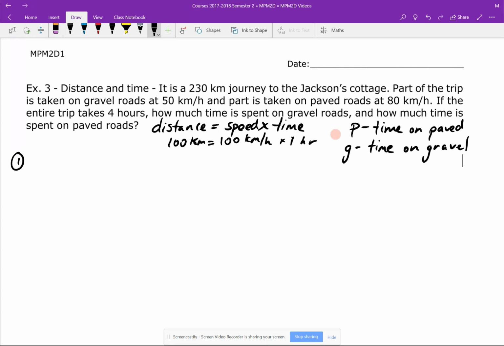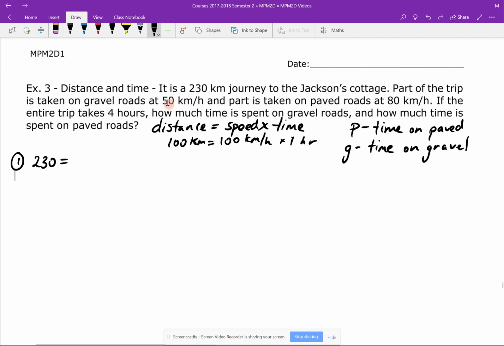So my first equation, let's talk about distance now. We've traveled 230 kilometers to get to Jackson's cottage, and part of it is on paved and part is on gravel. To get each distance, I need to know the speed and the time spent on that road. 50 kilometers per hour is my speed on gravel roads, and 80 kilometers per hour is my speed on paved roads.